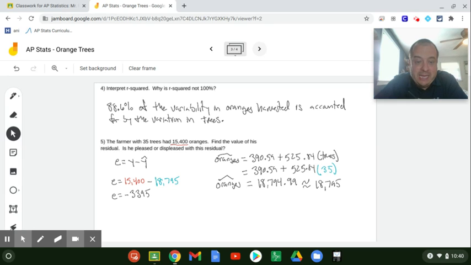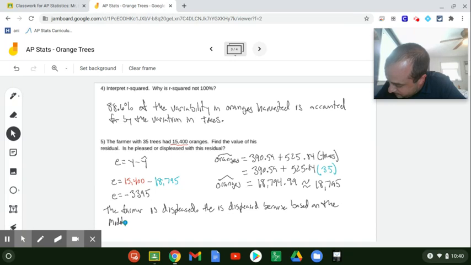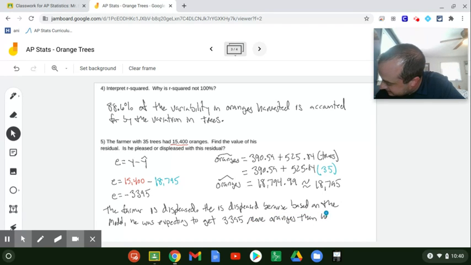Okay, so in this case here, is the farmer pleased or displeased with the residual? Okay, the farmer is displeased, right? And he's displeased, okay, because based on the model, he was expecting to get 3,395 more oranges than he did.